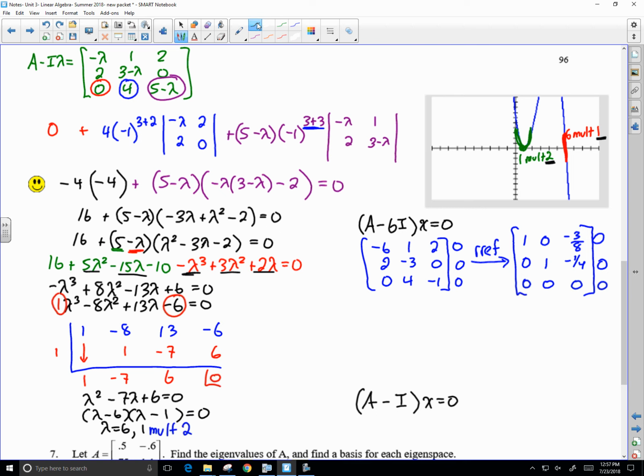I was just going to jump right to the final. So x1 equals 3/8 x3, x2 equals 1/4 x3, with x3 equaling x3. And so then x would be equal to 3/8, 1/4, 1 times x3. All right, so that's that one.